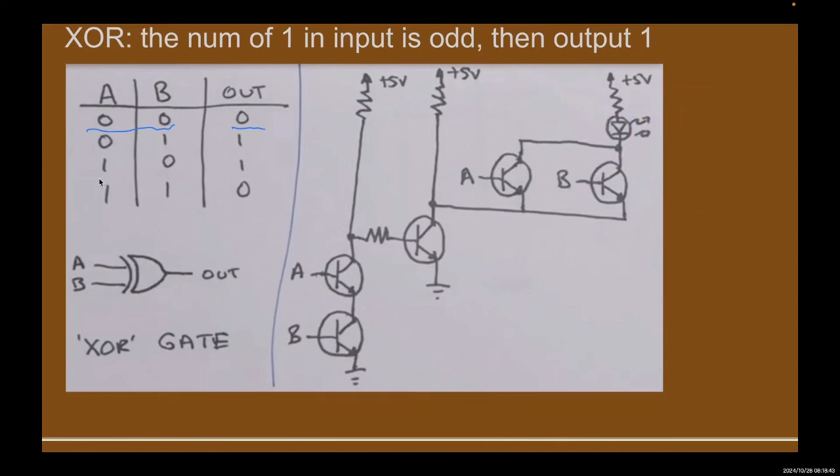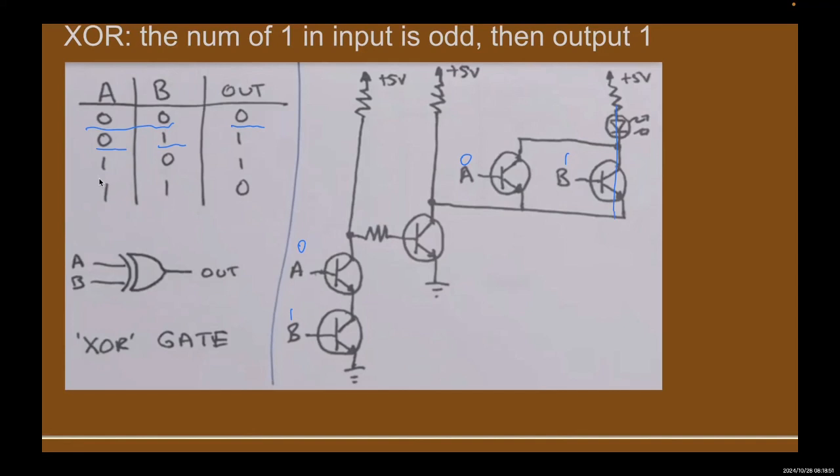And if A is 0, B is 1, then this is connected to here. And this is not connected. So they go here. And so this is connected, and so this is connected.